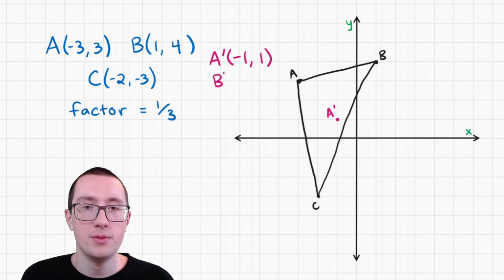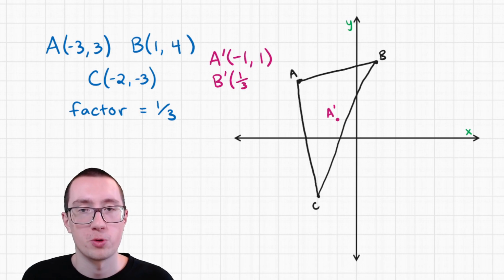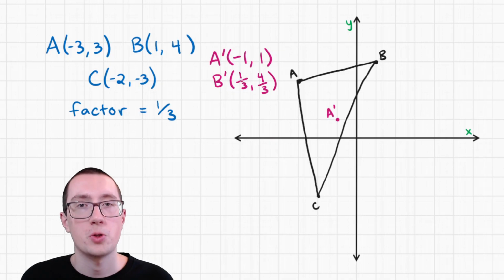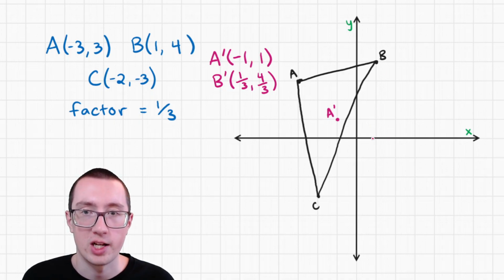Next is B prime, and we're going to go ahead and divide each of these by 3. So 1 divided by 3, that's a fraction that you can't simplify, so it's going to stay as 1/3. And then 4/3, you actually can't simplify either, so it's going to stay as 4 divided by 3, 4/3. So let's go ahead and plot this. We have 1/3 for x. It's a positive number, so we're going to the right, but we're only going a third of a box to the right.